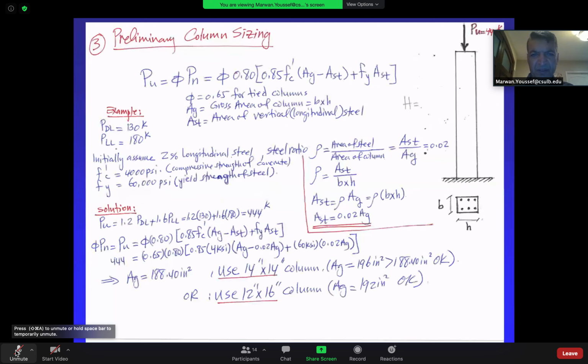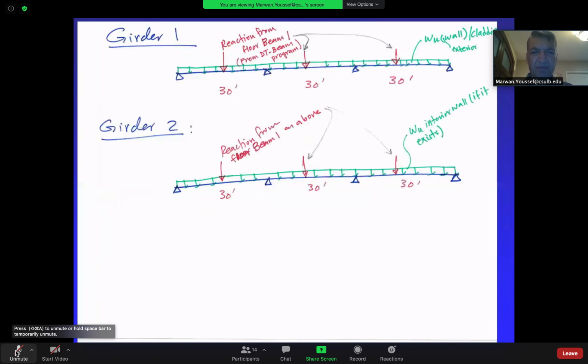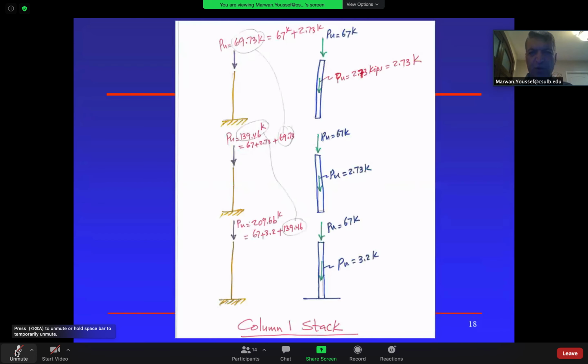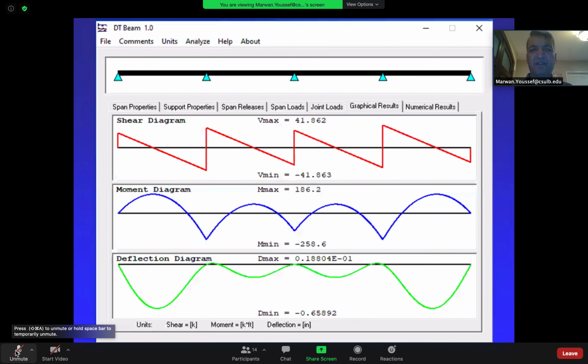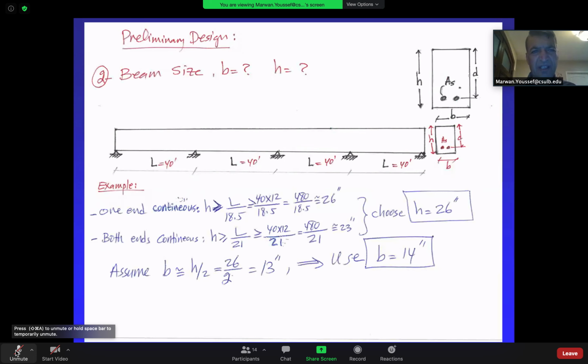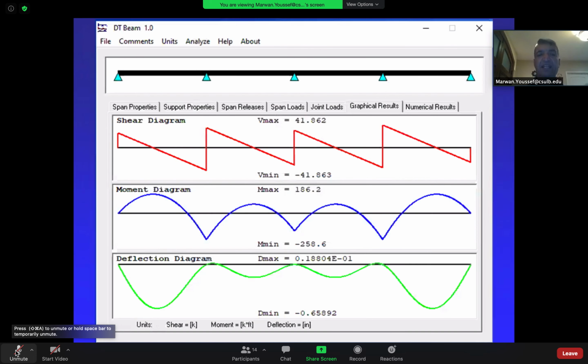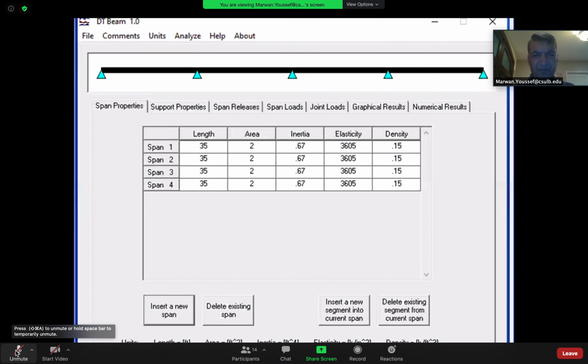Actually, no, let me go to the DTB. So we ran this here and we found that this is our, see that? Okay. We found that this is our moment in the beam. All right? So, let me see.